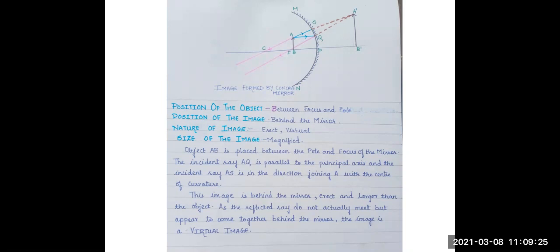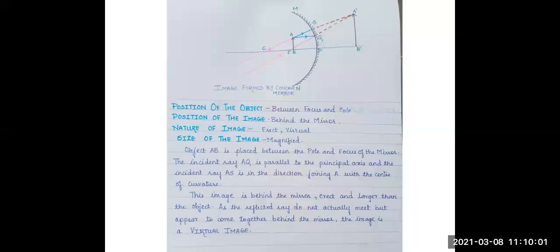Now what is the nature of the image? The arrows of the image as well as the object are both upwards, not changed, so the image is erect. And as the reflected rays are not actually intersecting each other, but intersect only when extended behind the mirror, the image is virtual.